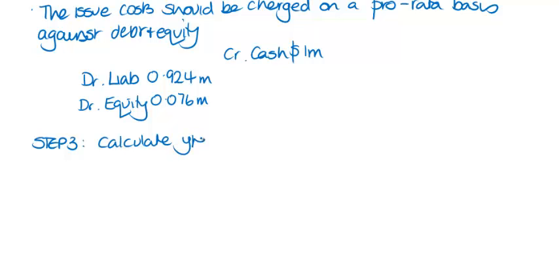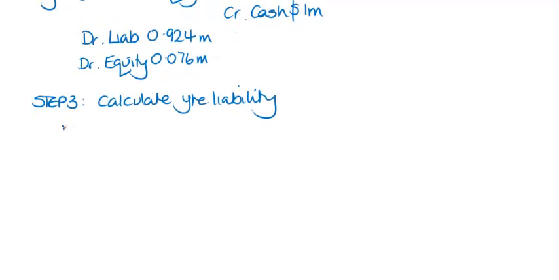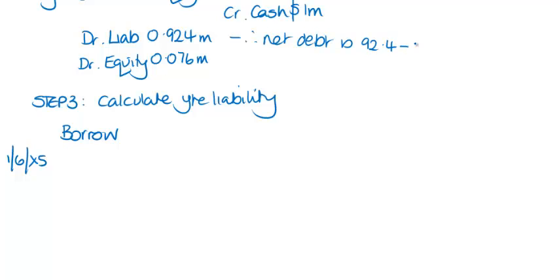We calculate our year-end liability. So when did these bonds arise? 1st of June X5. How much have we borrowed? So therefore the net debt is 92.4 minus 0.924.